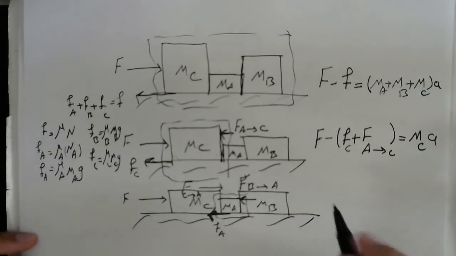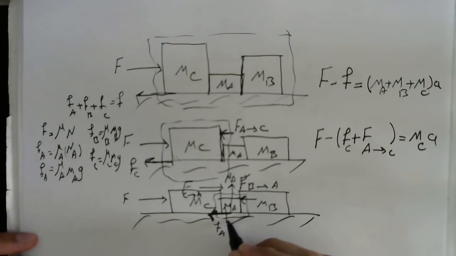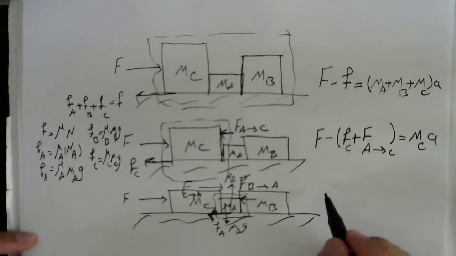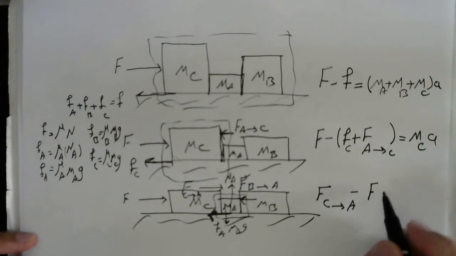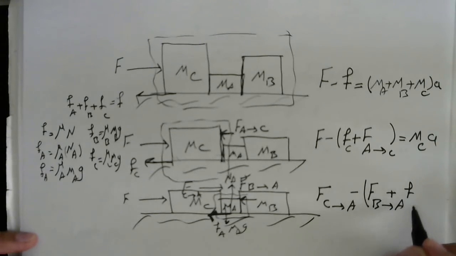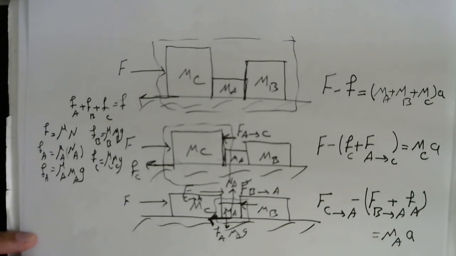And then the weight and the reaction force NA, mA g, they cancel each other. So we can say F C on A minus F B on A plus fA, which is a frictional force only for object A, that is equal to mA times a.